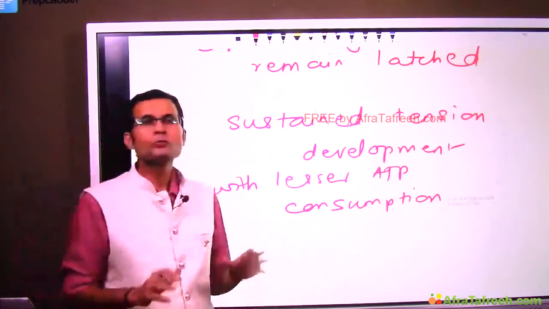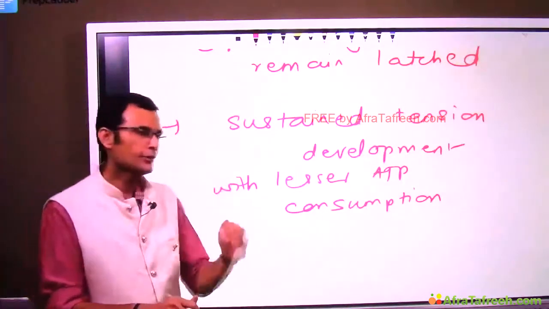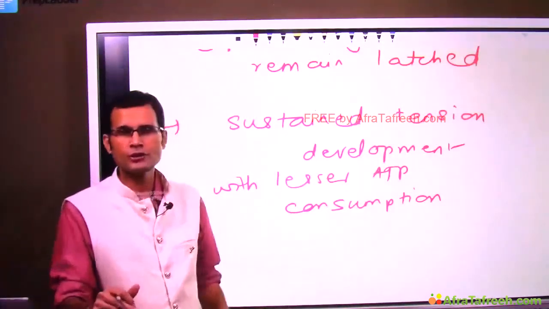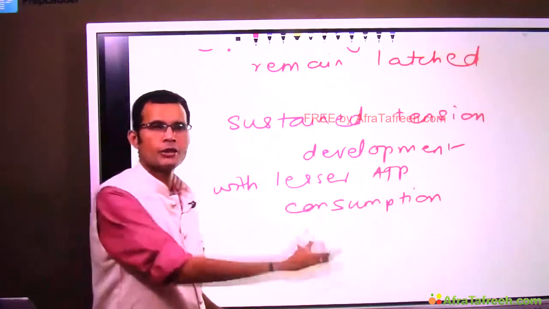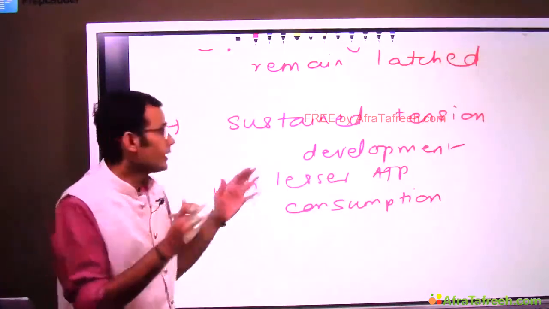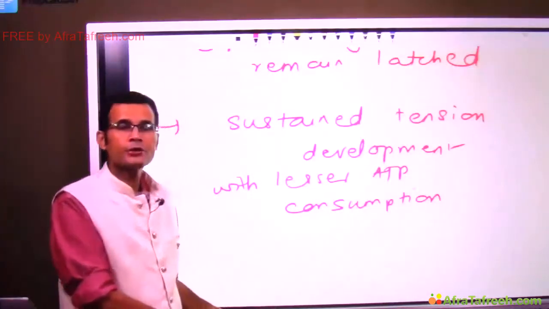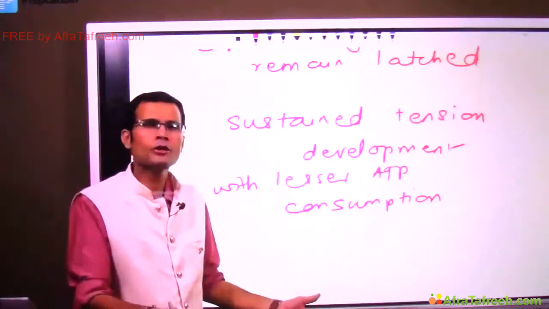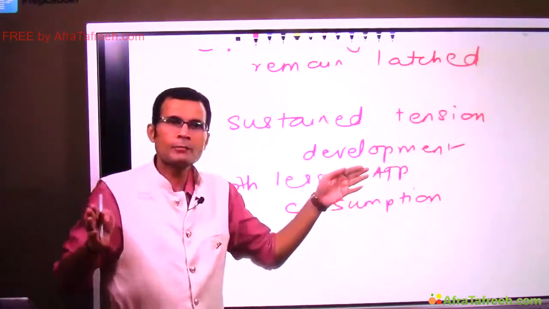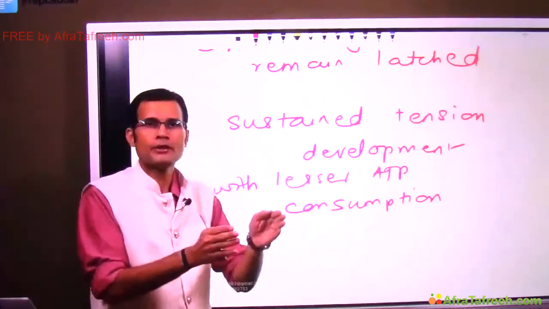So, smooth muscle can generate a sustained tension as will be required in blood vessels for vasoconstriction, or in the case of GIT or other places. There will be a sustained tension development with lesser ATP consumption and lesser shortening also. I mean, if the cross bridge cycling goes on happening, there will be that much shortening of the sarcomere, isn't it?